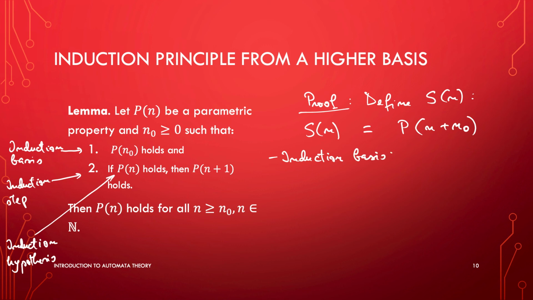We have to show that S of 0 holds, but S of 0 is exactly, by the way we have defined S, P of n0, and P of n0 holds by condition 1 in our lemma. And then we have to do the induction step.